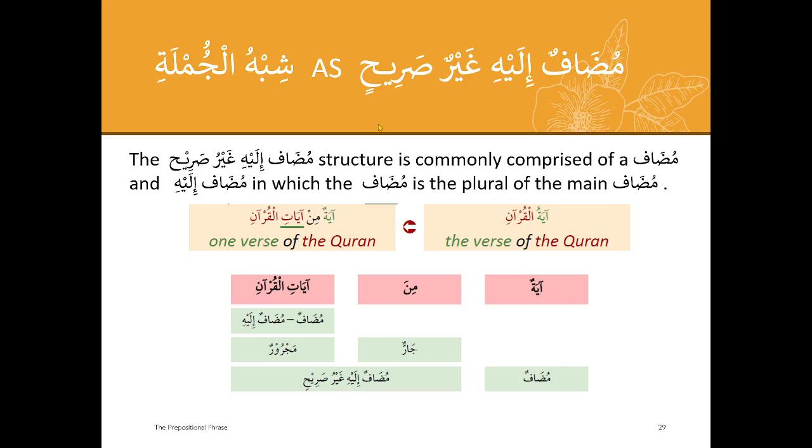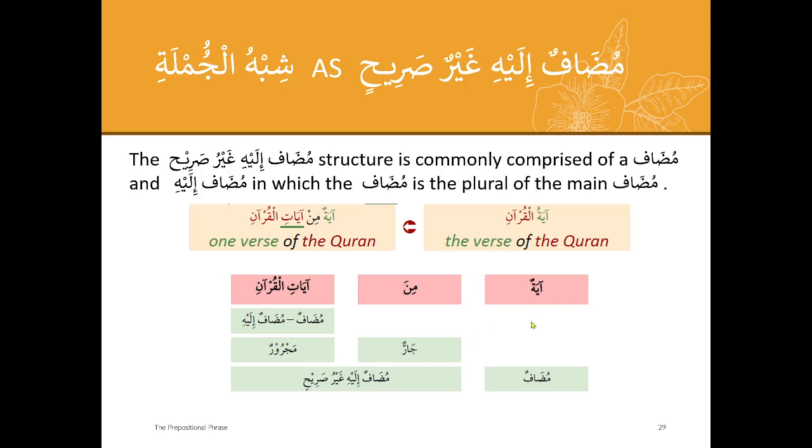That is the base, the simplest form of the Shibh Jumlah. So the Mudhaf Ilayh that's Ghayr Sarih, or the Maf'ul Fih that is Ghayr Sarih, consists of more than just the basic Jawa Majrur and Zharf and Mudhaf Ilayh. There are other things going on with it.